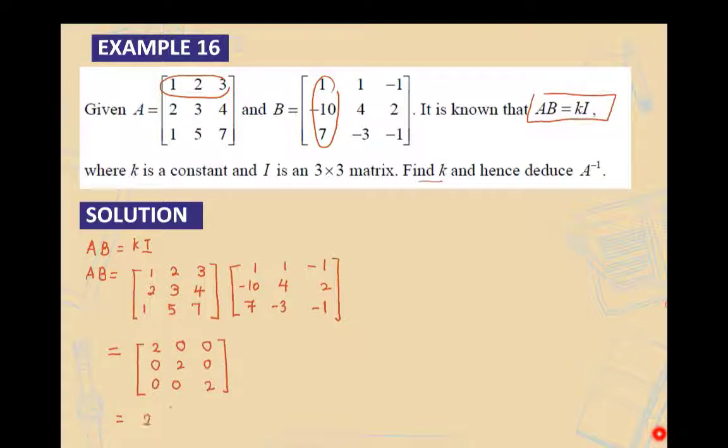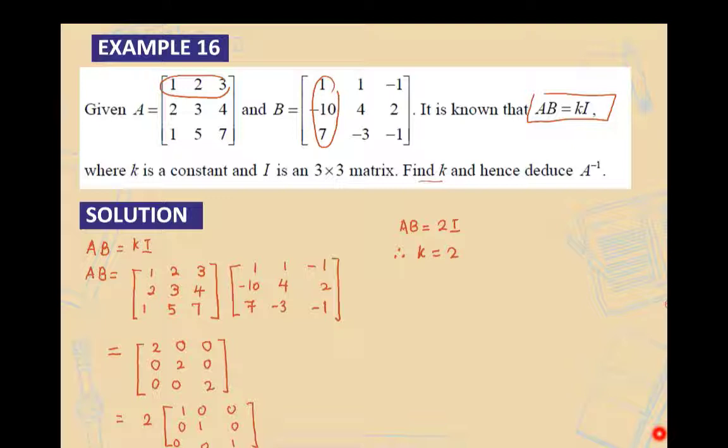That means 2 multiplied with 1, 0, 0, 0, 1, 0, 0, 0, 1. Okay, students, so we get here AB equals 2I. So if AB is kI, then k is 2. We have answered the first part.